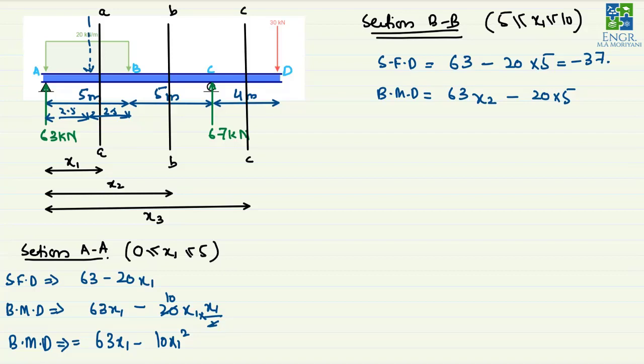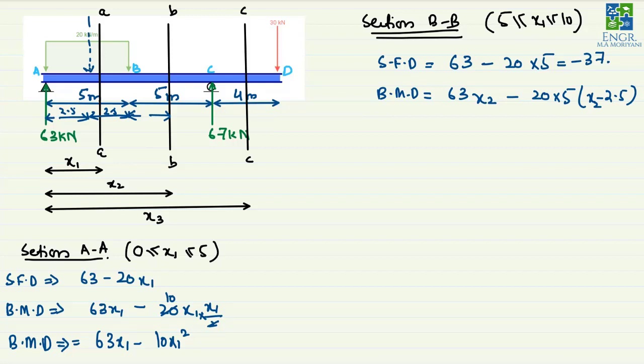And this distance will be 2.5 plus this distance. You can find out this distance plus 2.5, or you can also subtract 2.5 from x2, and I will get the distance from the point of application of the load to this BB section. So this should be x2 minus 2.5.